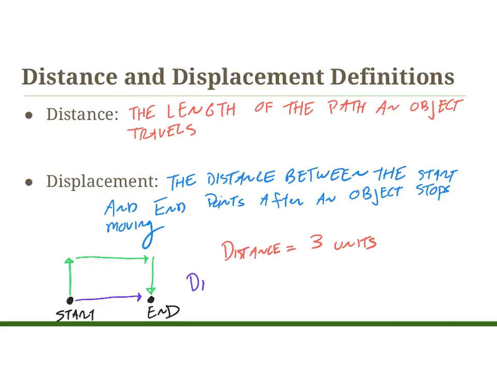And in that case, the displacement is equal to 1 unit to the right. So distance is how far an object or a person actually travels, and displacement is how far away that object or person is from the start to the end point. In this particular instance, it looks like I took the long way to get to the end, but the actual displacement was only 1 unit to the right.